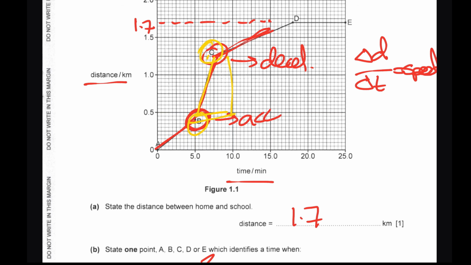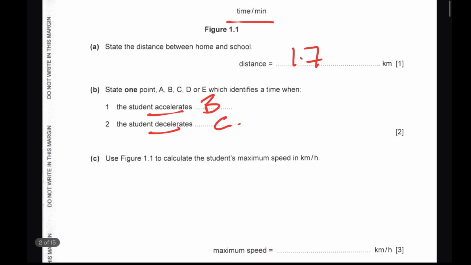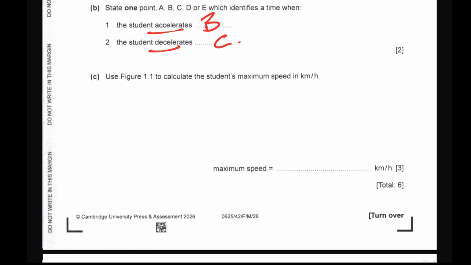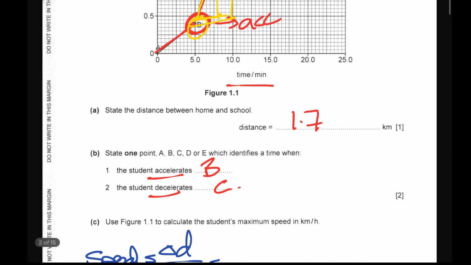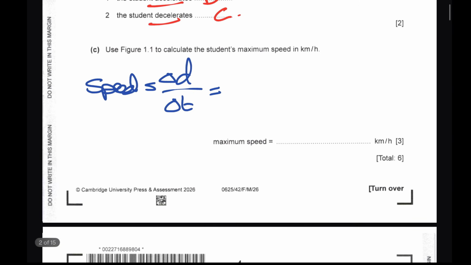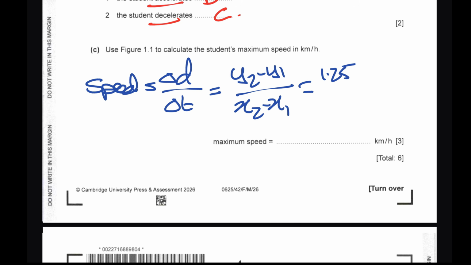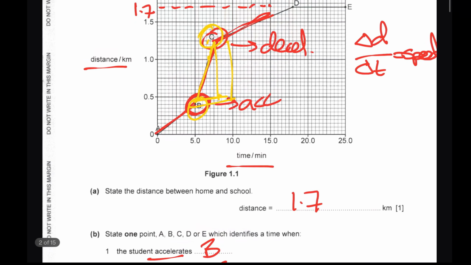We use the equation: speed is change in distance divided by change in time. Distance is your y-axis value, time is your x-axis value. So it's going to be y2 minus y1 divided by x2 minus x1. We're basically taking this point.